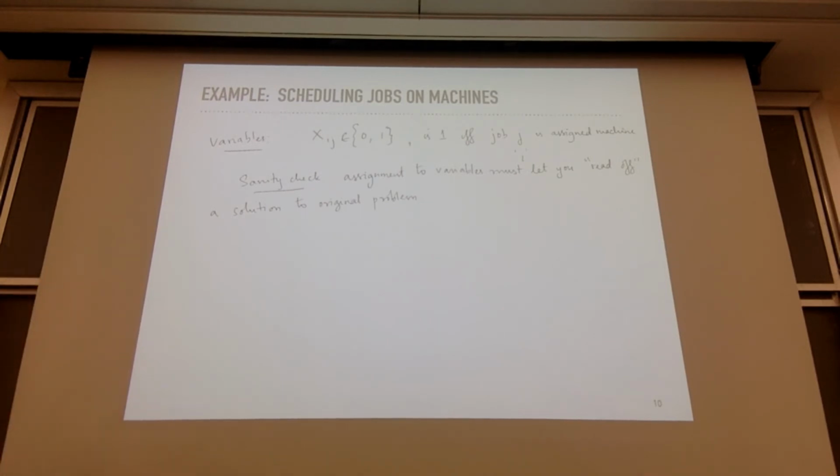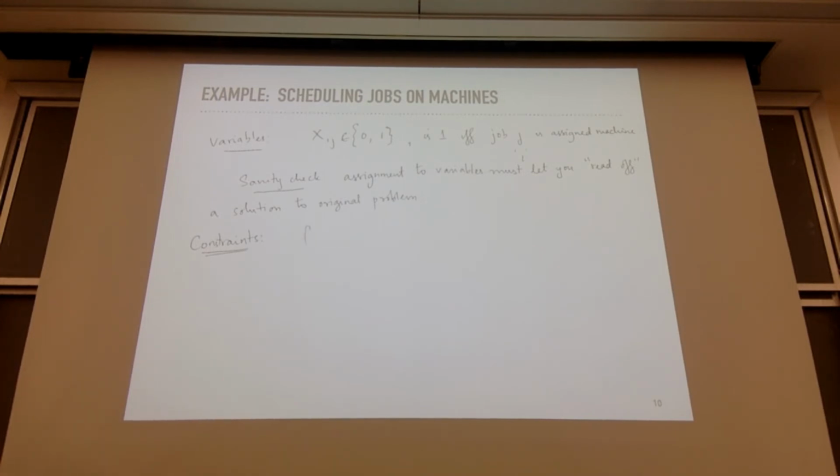So if these are the variables, what are the constraints? Maybe for every job j, there can only be one x_ij. So we want every job to be assigned to one machine.